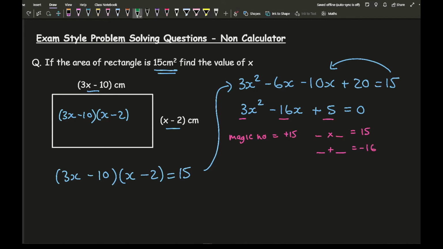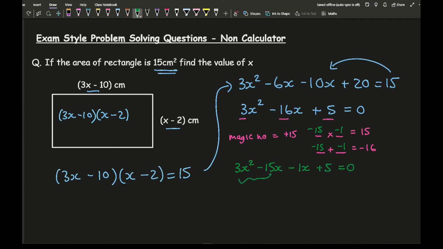And the two numbers you should be thinking of are going to be 15 and 1, and they are both going to be negative. So it's minus 15 and minus 1. So then swapping the minus 16x with minus 15x and minus 1x, we get 3x squared minus 15x minus 1x plus 5 equals 0.